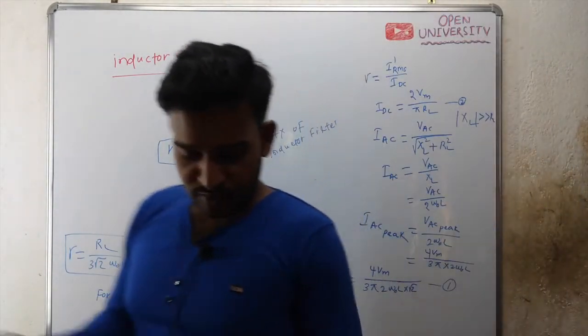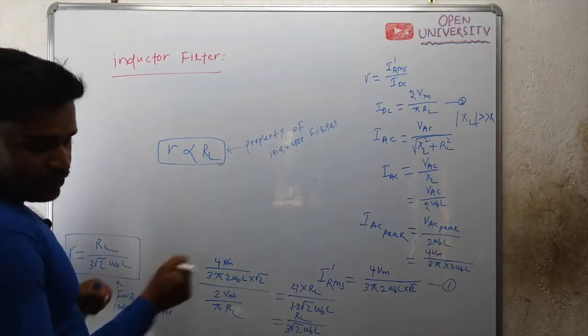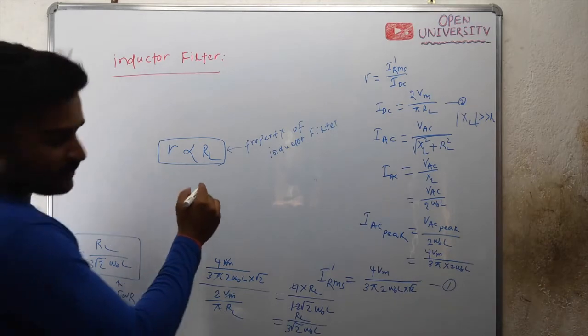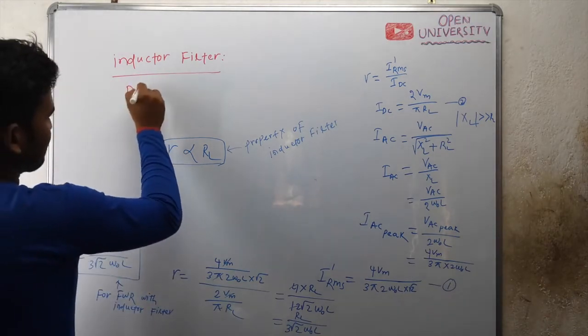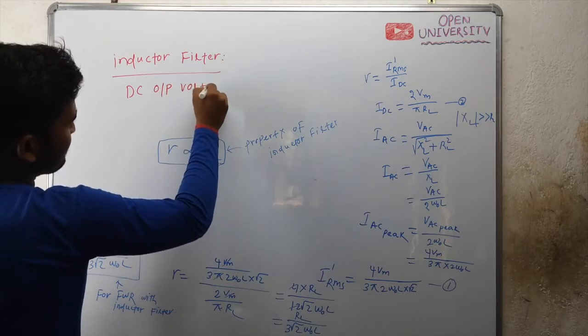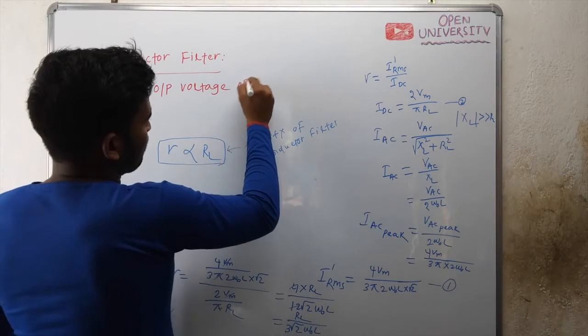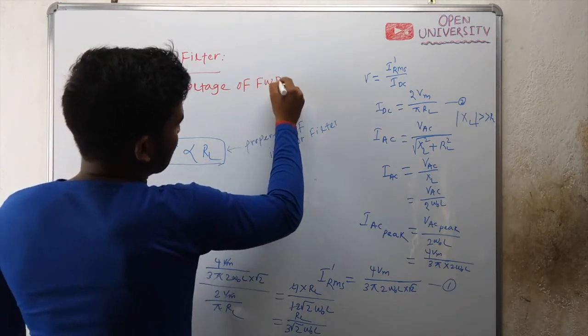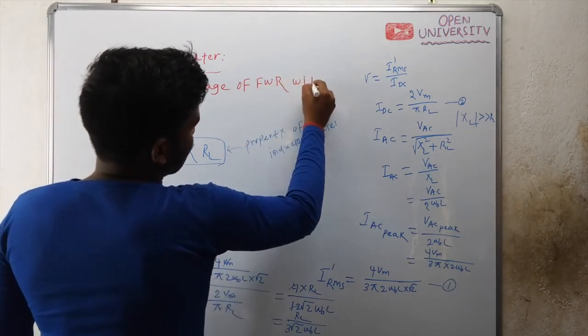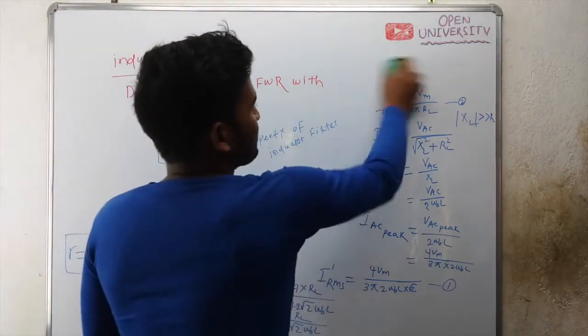So give the heading: DC output voltage of full wave rectifier with inductor filter.